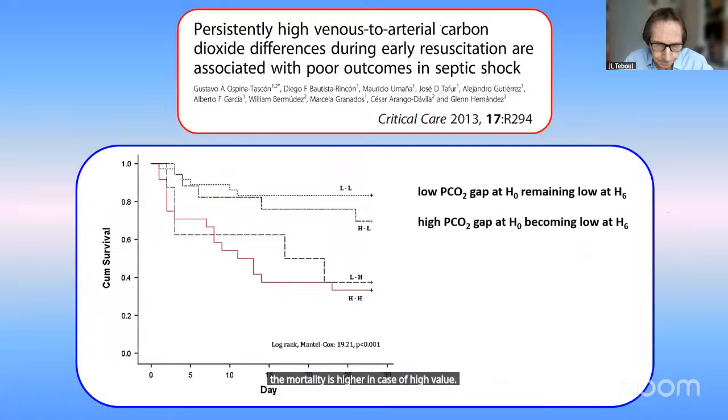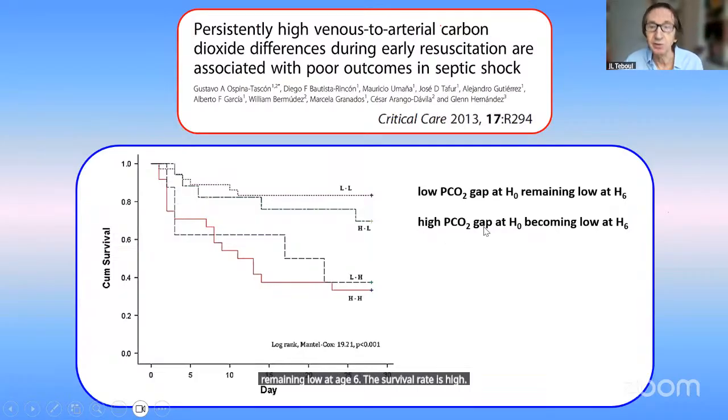And also, the changes in PCO2 gap during resuscitation are very interesting to look at. In this paper, when you have a low PCO2 gap in case of septic shock, low at H0 remaining low at H6, the survival rate is high.